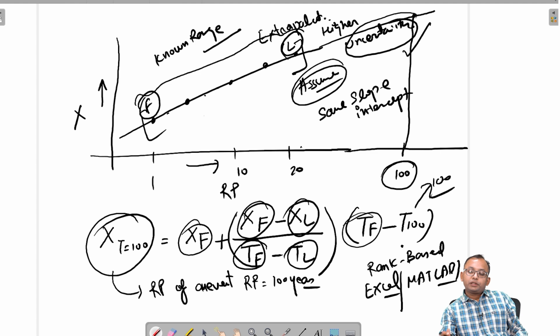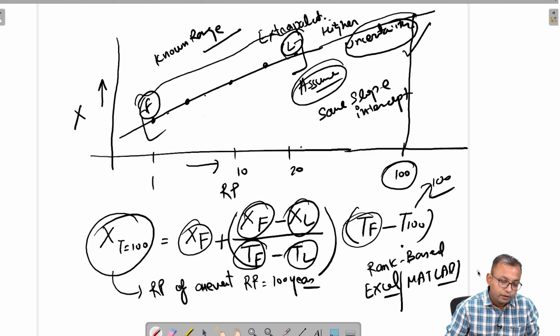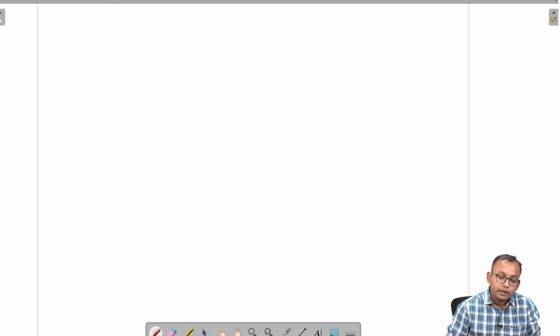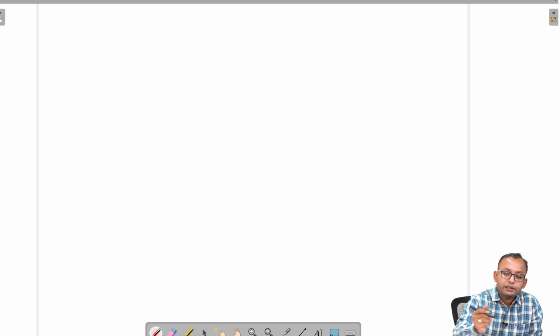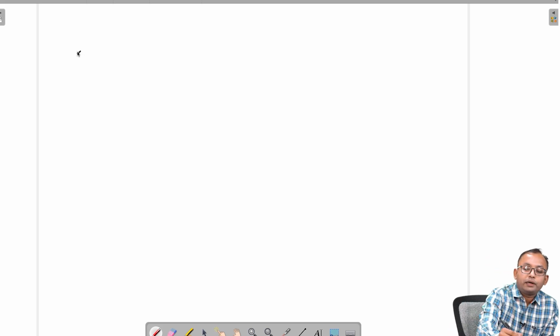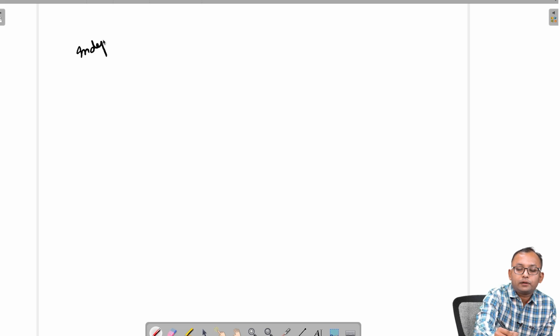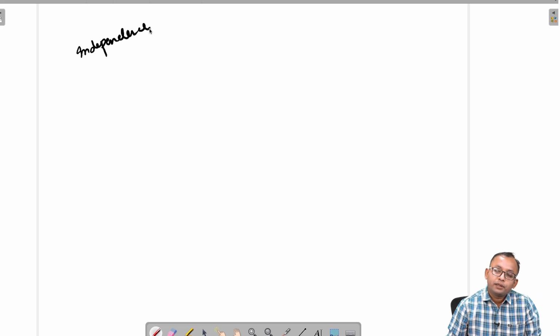Make sure that whenever you use this analysis, you have an independent data set, which means the data should follow the independence rule: it should not be physically dependent upon the neighboring events.